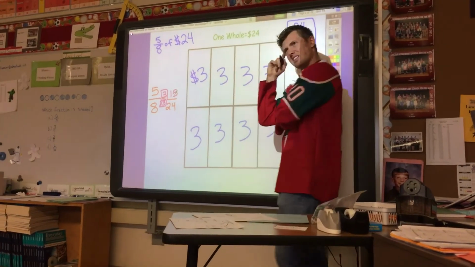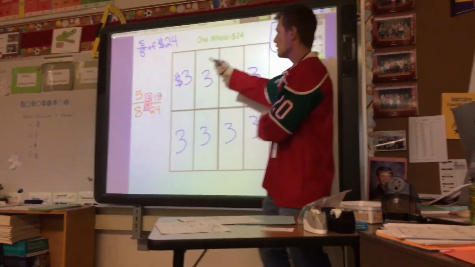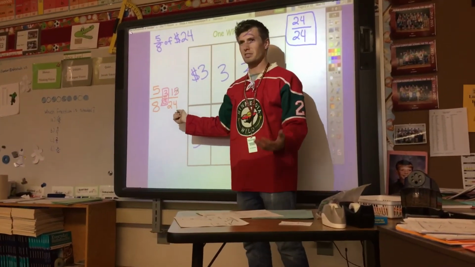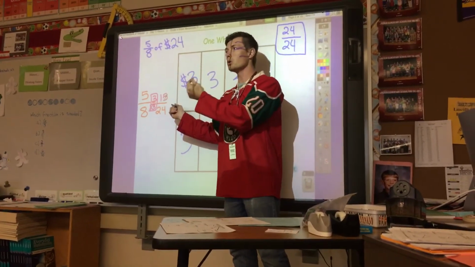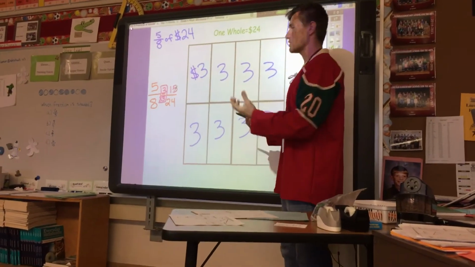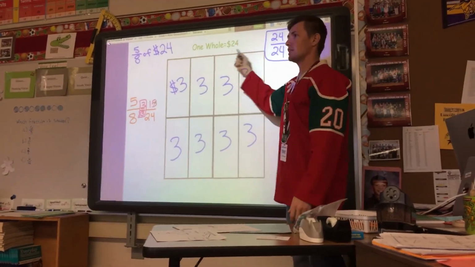But does that make sense? If I have 1 whole is 24, is my answer 15/24 of a dollar? No. No, it's 15 whole dollars left. It's $15 out of my original 24.